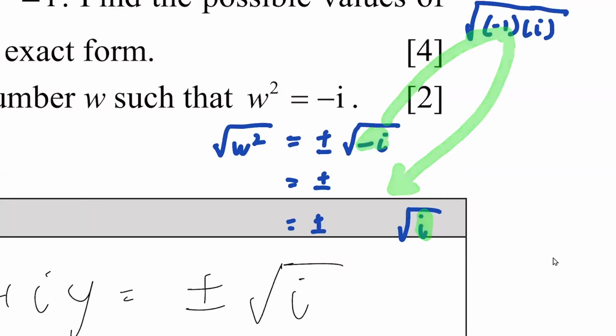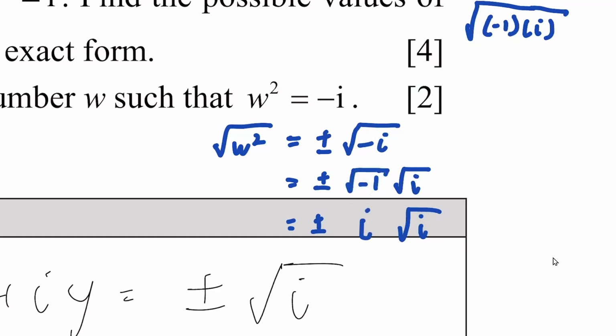Oh, must split it up: square root of negative 1, then times square root of i. And what is the square root of negative 1? It's i. Exactly. So it's i times the square root of i. Do we know how to find the square root of i? We will find it later, part 1, 4 marks. Then after that, just times i. Then the square root of w squared is just w.